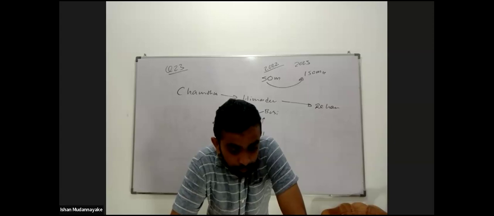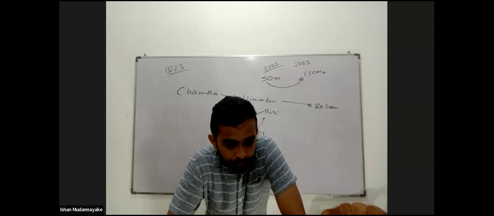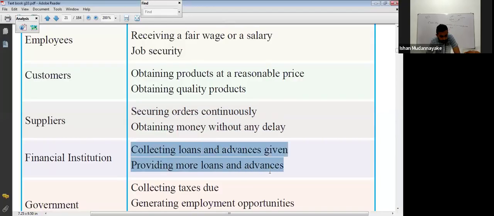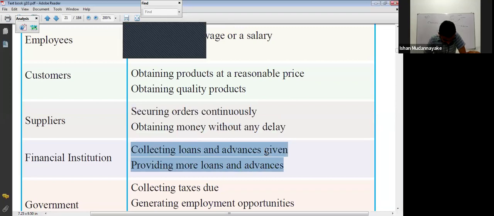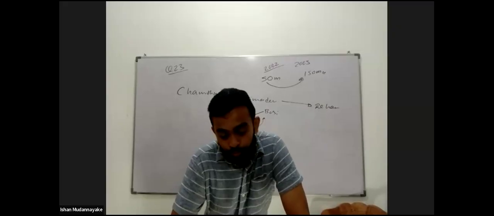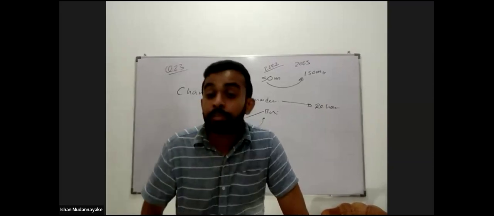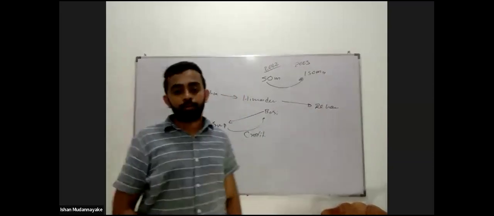Next one, financial institutions. Collecting loans and advances given, providing more loans and advances. Financial organization is trying to provide more loans to the business, as well as trying to collect provided loans on time.